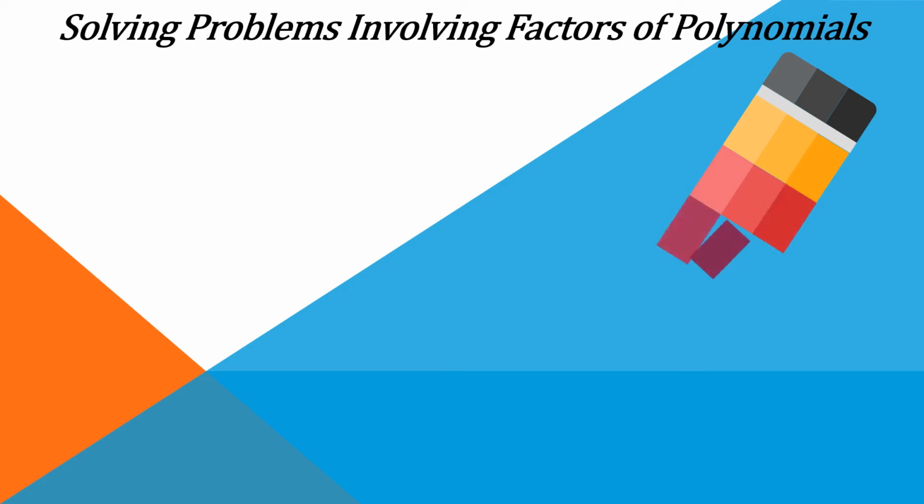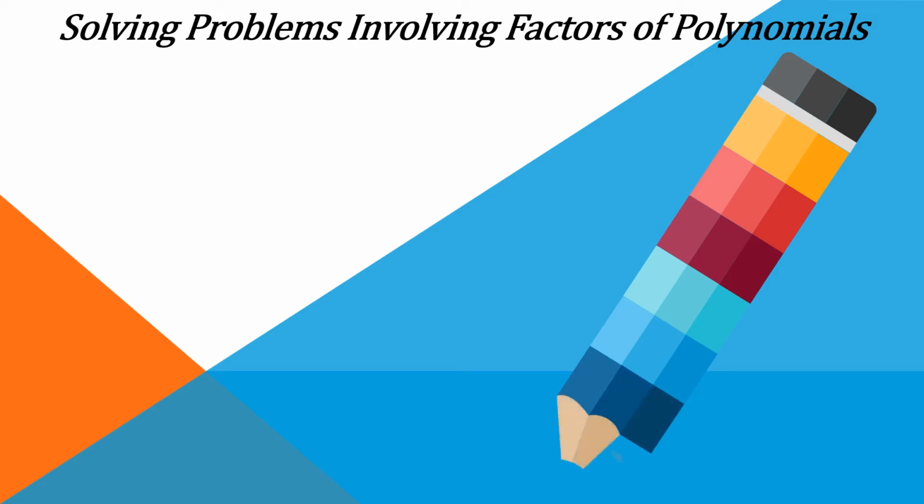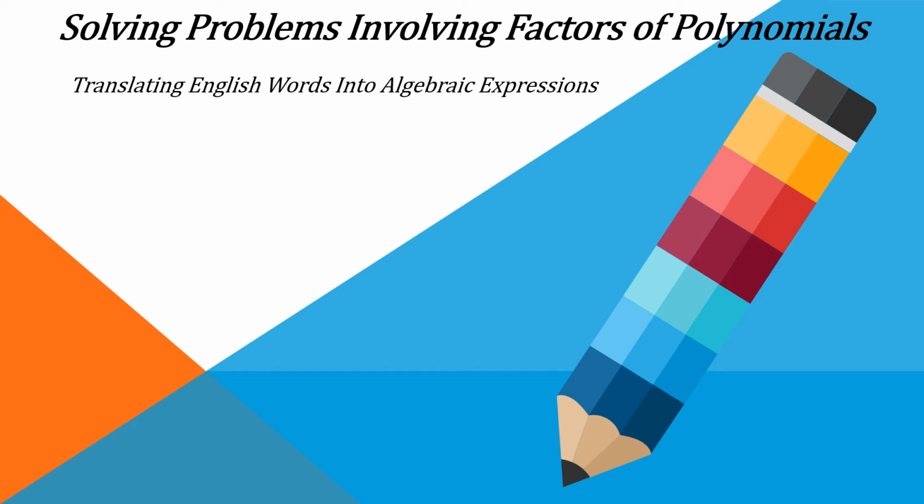Now, let us have an example of what we have discussed. Translating English words into algebraic expressions. When we say algebraic expression, it is composed of variables and constants.